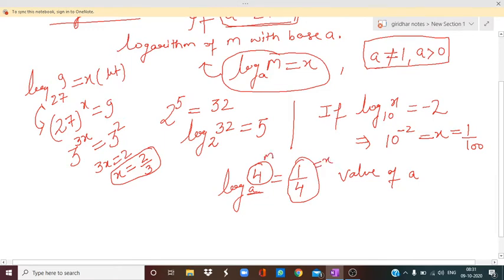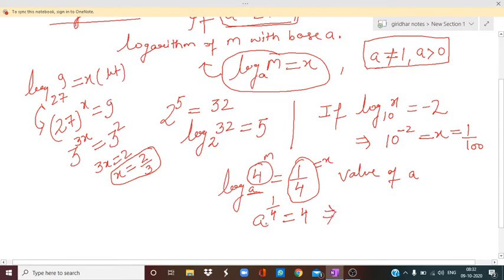So the definition in exponential form is a to the power x equals m, where m is 4, correct? Now we have to find the value of a.